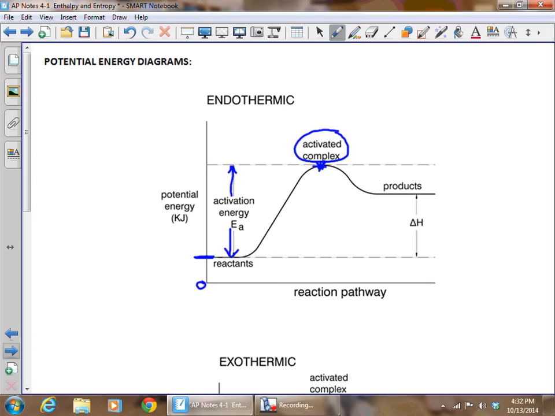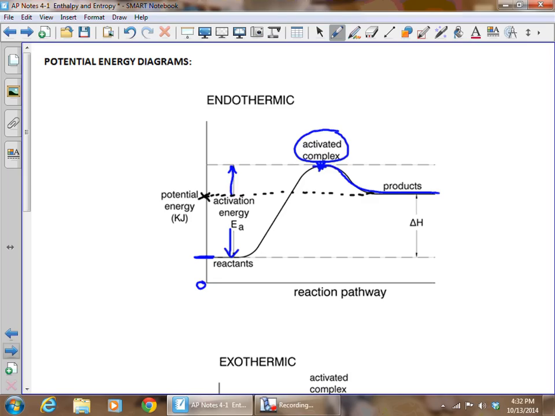And since it is very unstable, it won't last for long, but it's like the reaction has to go through that formation first before it can continue reacting and form the products then. And the products have this amount of heat here. So I'm going to draw a dotted line there just to emphasize that.